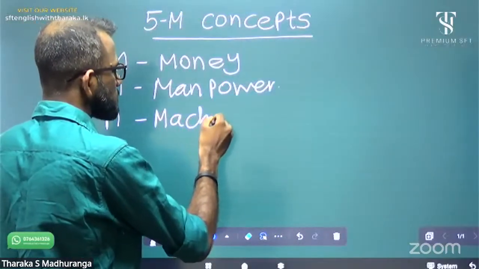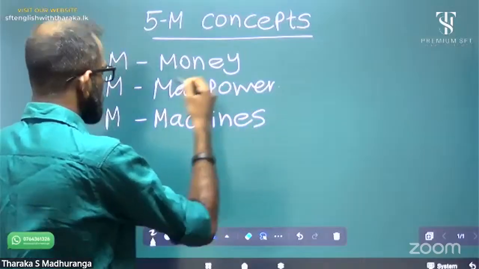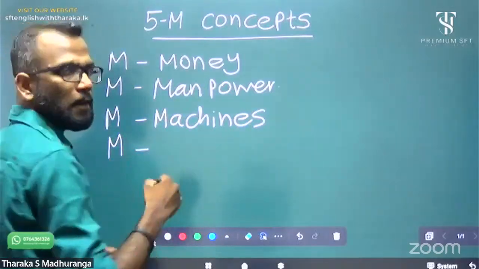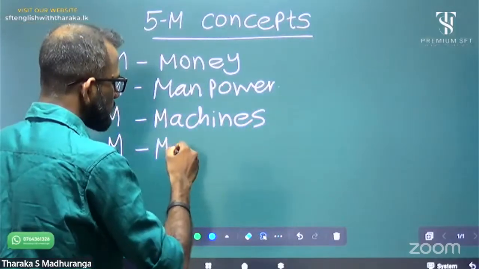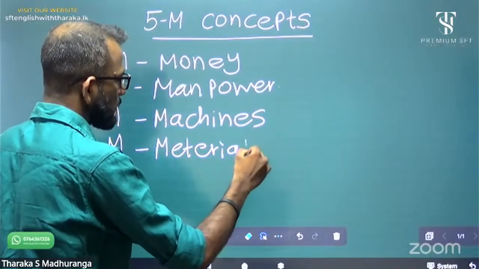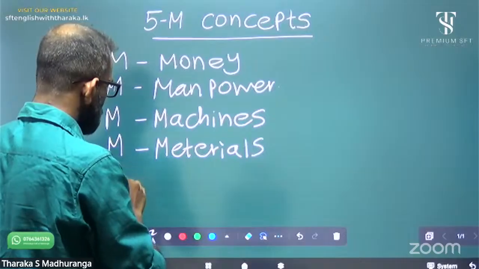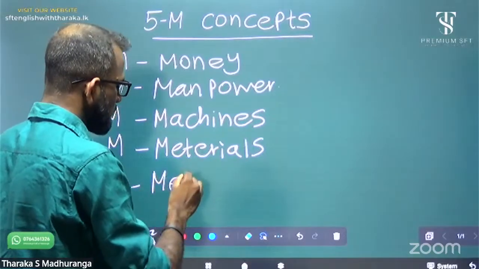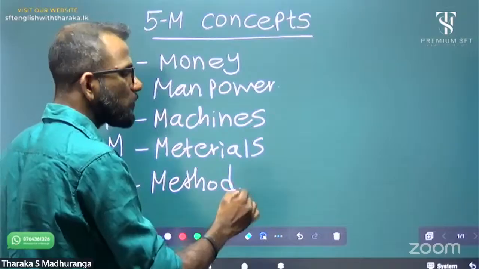Fourth M, material. And fifth M is method. Okay, they are the 5M concept.